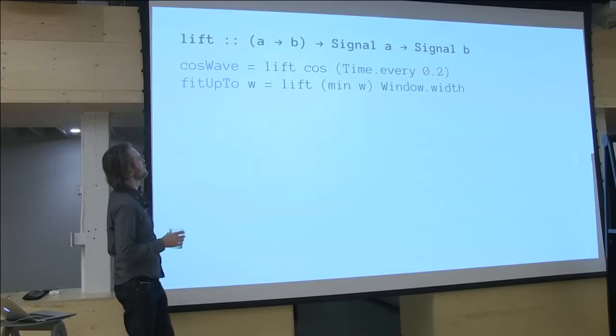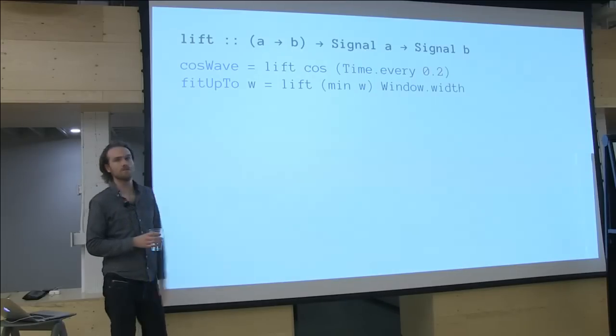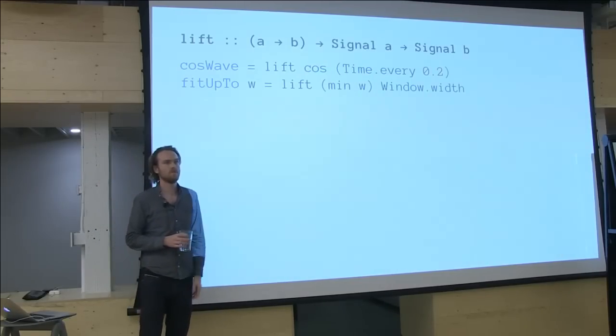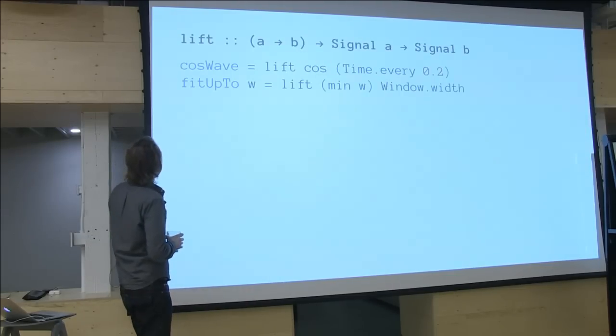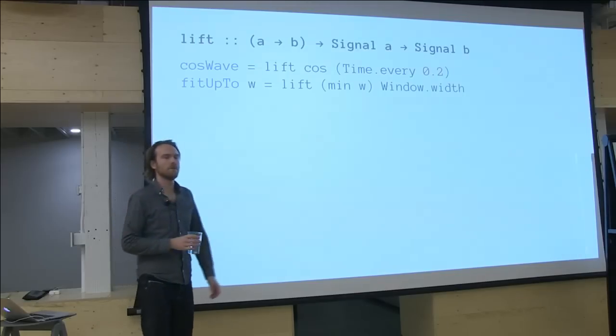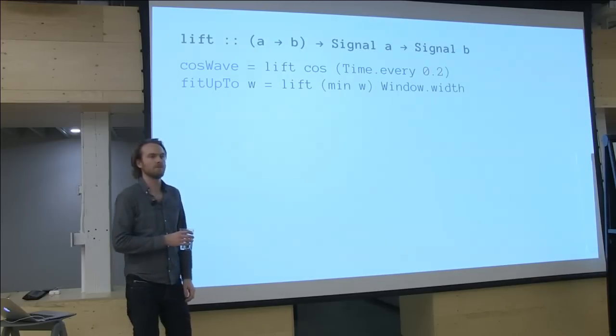And coswave is just itself a signal of numbers. And just to clarify, you used the phrase "at least", but fitUpTo is not at least, fitUpTo is at most. Yeah, it was in the paper. It may have been poorly named. I'm not sure.